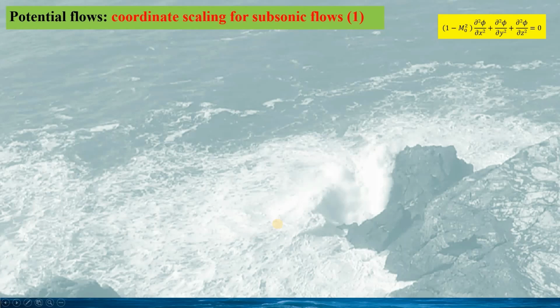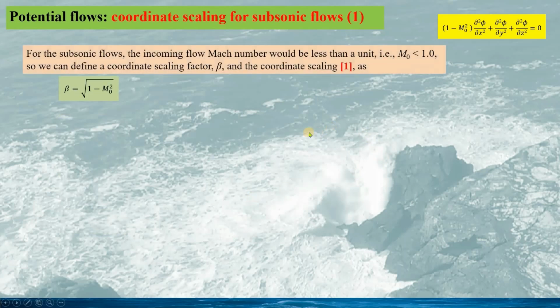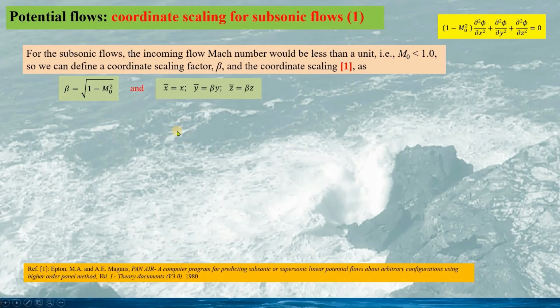Here, we look at the coordinate scaling for subsonic flows, when the Mach number M0 is smaller than 1.0. Thus, we can define a coordinate scaling factor beta, and the corresponding coordinate scaling given by x bar equaling x, y bar equaling beta y, and z bar equaling beta z.